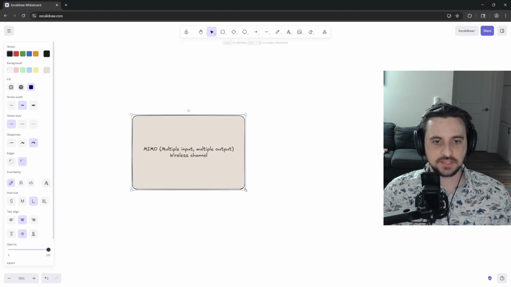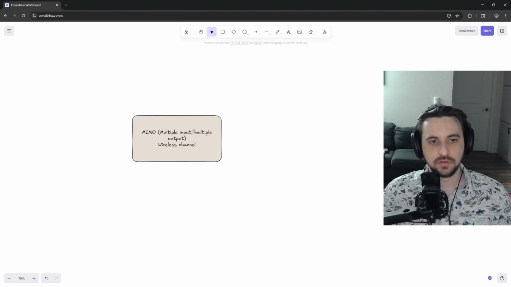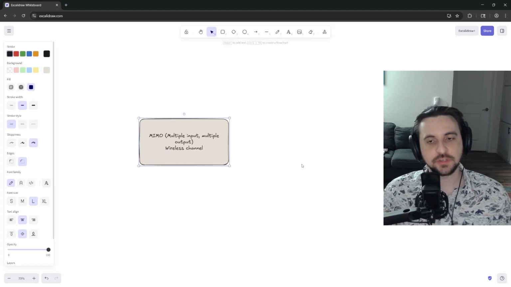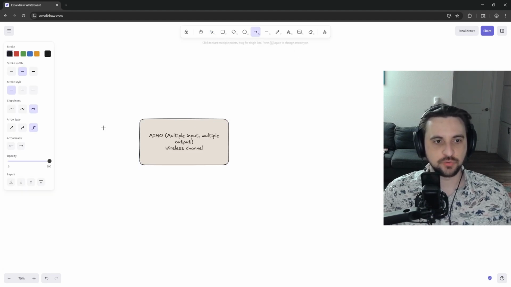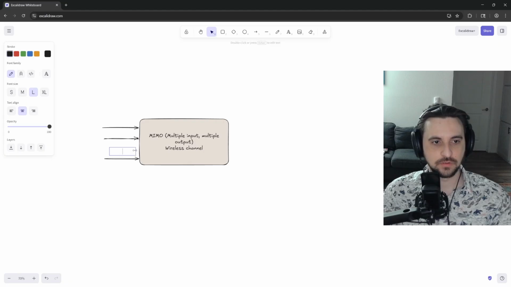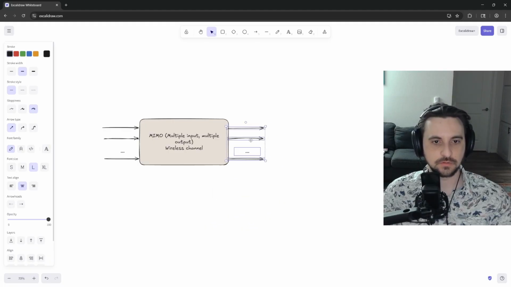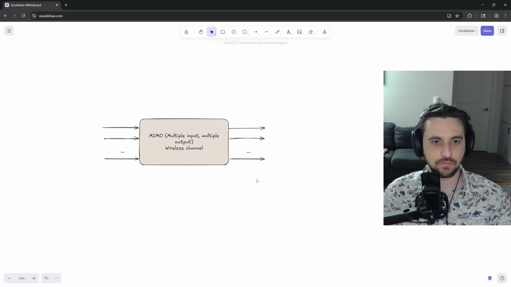So at the very highest level, a MIMO channel is the medium between the transmission; it characterizes the transmission medium between a number of transmitters and a number of receivers, possibly and likely different, okay? So let's say on this side I have the transmitters, and I also have the receivers here.